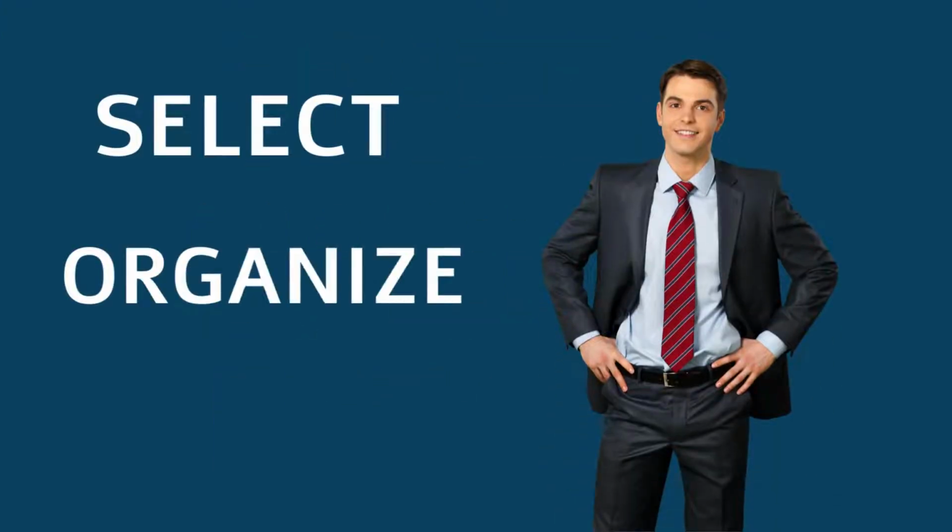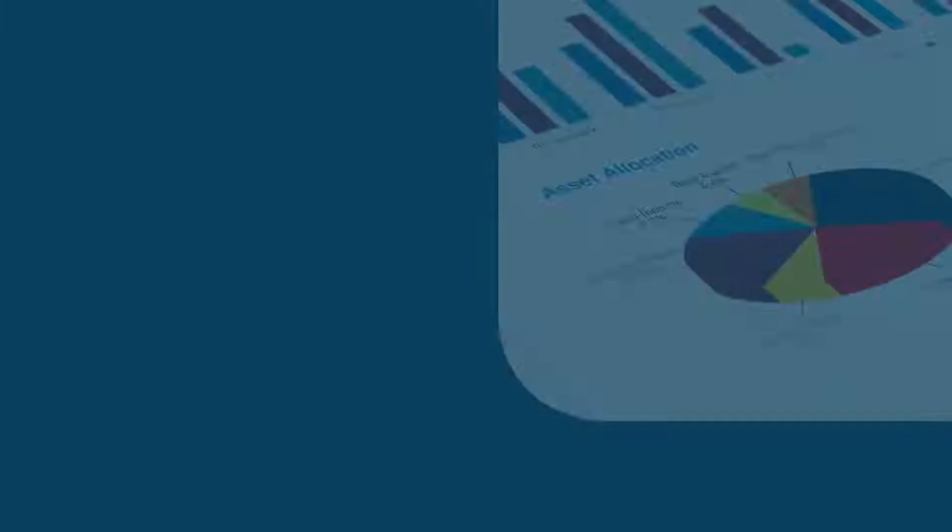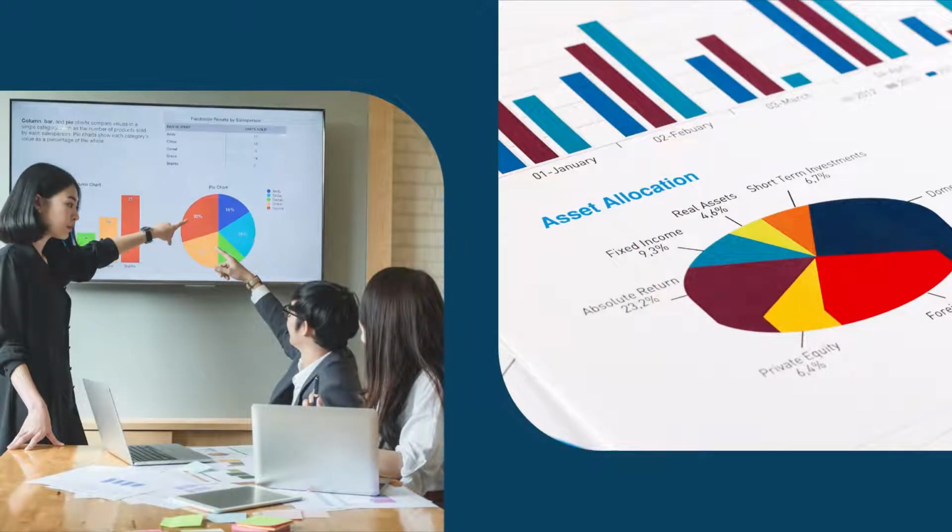Number 1. Limited liability entities. You should work with a knowledgeable business attorney to select, organize, and implement the right type and number of limited liability entities which will hold your business assets and operations.